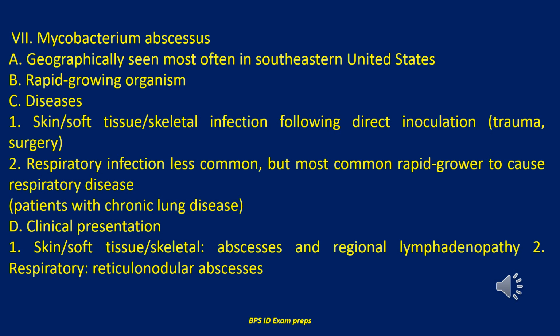Respiratory infection is less common, but it is the most common rapid grower to cause respiratory disease in patients with chronic lung disease. D. Clinical presentation: 1. Skin, soft tissue, and skeletal infections present as abscesses and regional lymphadenopathy. 2. Respiratory infection presents as reticulonodular abscesses.